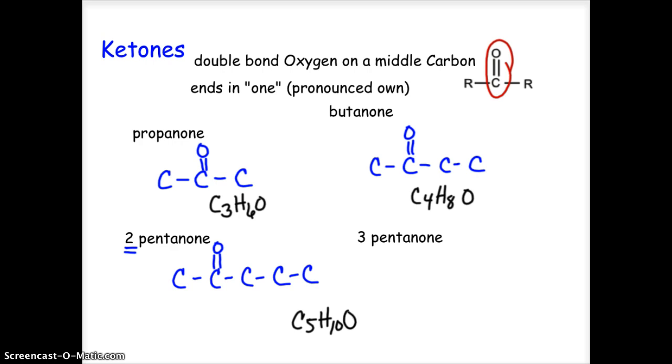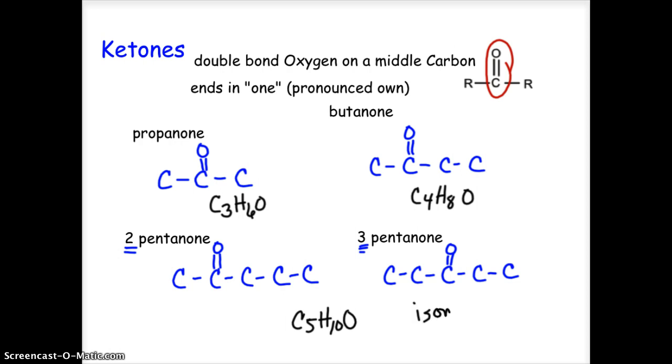If we take a look at 3-pentanone, the difference is that that double bond oxygen is on the 3rd carbon instead of the 2nd carbon. 1, 2, 3, 4, 5. Here's the double bond oxygen. It has the same molecular formula, but different structures.